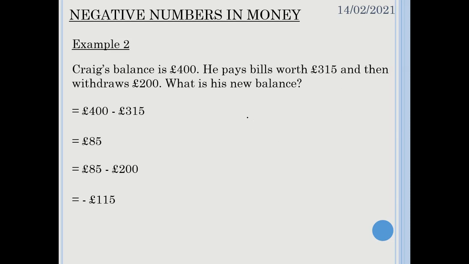Now, that's quite a hard sum to do in your head. 85 take away 200. Not the easiest one to do. So what could we do instead? Well, we could look at it in this way. 200 take away 85 equals 115.